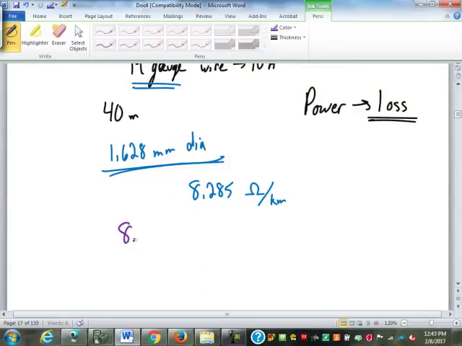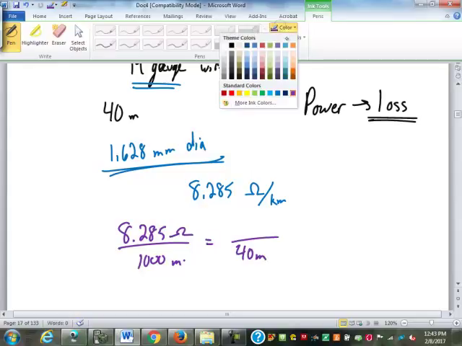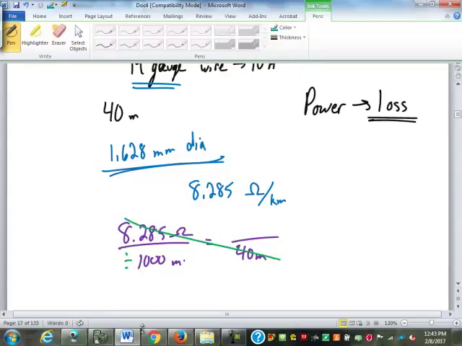So 8.285 ohms per 1,000. How much is that per 40? So cross multiply and divide.